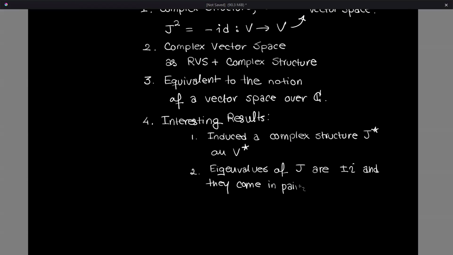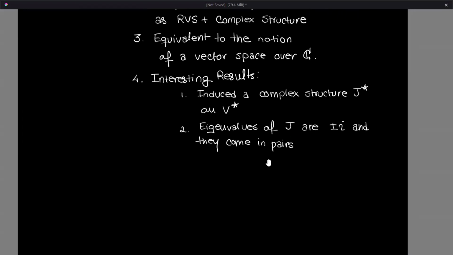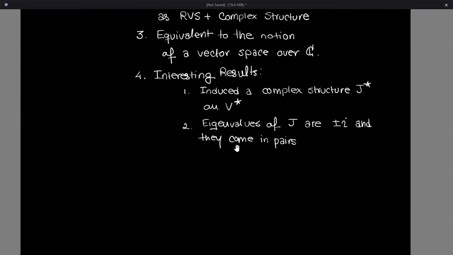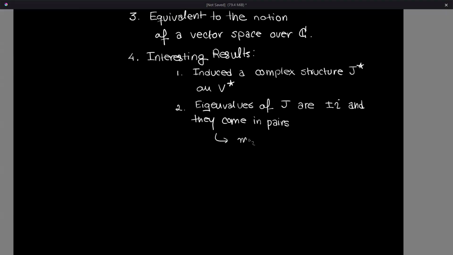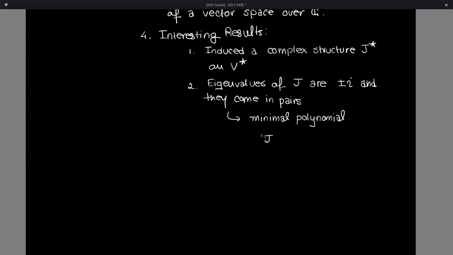That one was our first theorem that required a lot of sub-statements and a lot of proofs, but mainly we figured it out using something called a minimal polynomial, which is the smallest order polynomial in the matrix for J which gives you 0, which in J's case was J squared plus 1 equals 0.